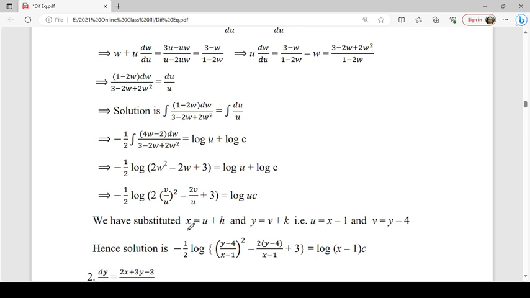Since x is equal to u plus h, u is x minus 1, and v is y minus 4. We write v as y minus 4 and u as x minus 1, and it is the solution in terms of x and y.